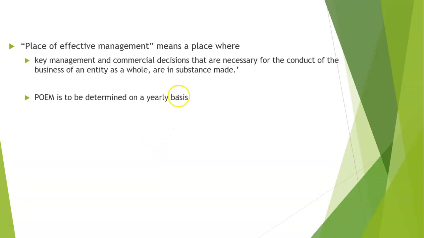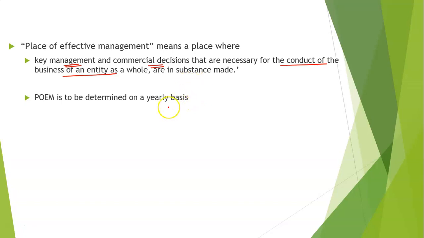Now, what is place of effective management? Place of effective management is nothing but a place where key managerial and commercial decisions are made which are necessary for the conduct of the business entity as a whole.